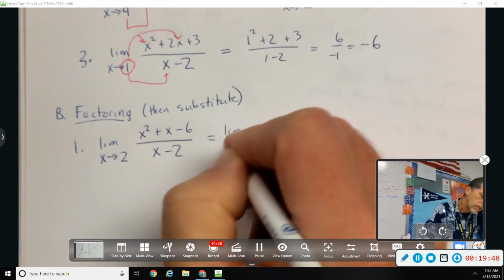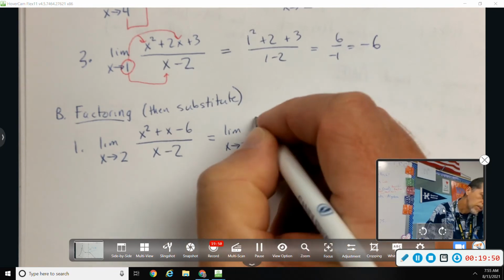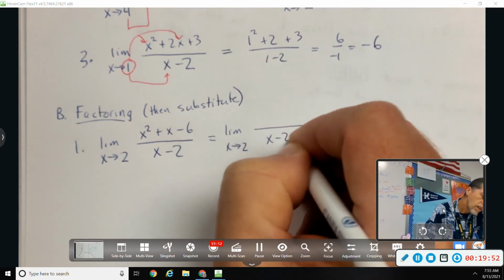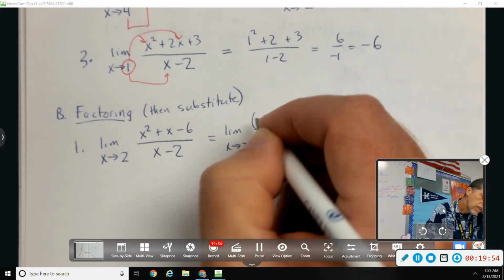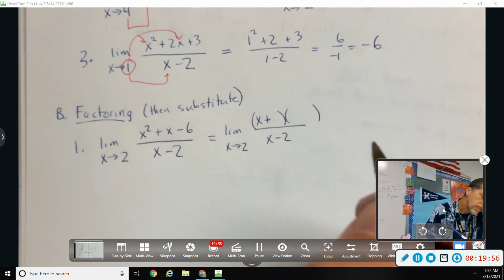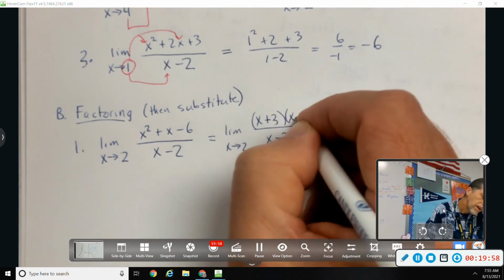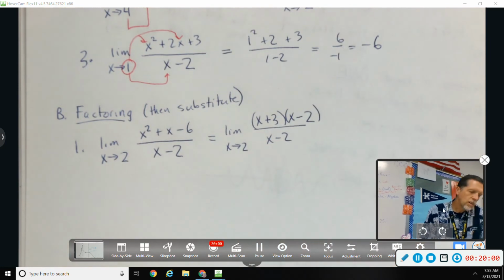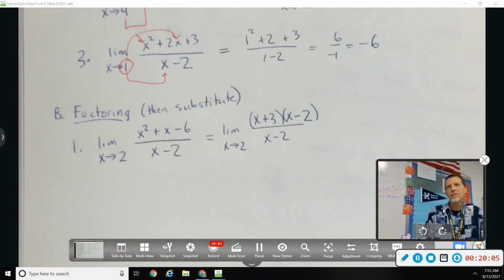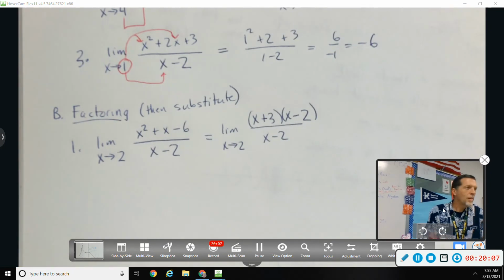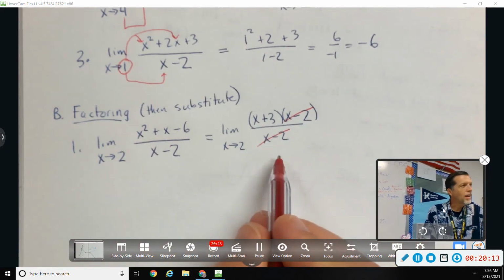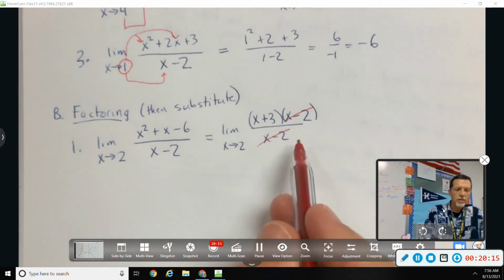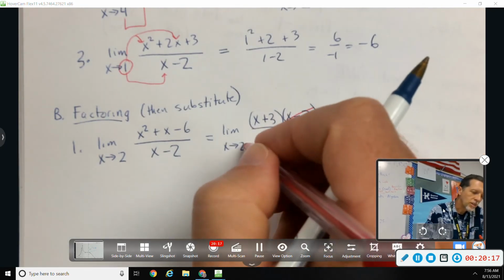So limit as x approaches 2, x plus 3 and x minus 2. Well, that was kind of a rigged problem because what happens with the x minus 2's? They cancel. And remember the reason we couldn't substitute is because we would get 0 in the bottom. But we don't have that issue anymore. So now we can substitute.